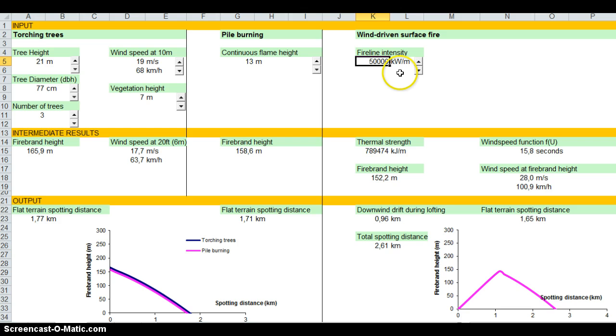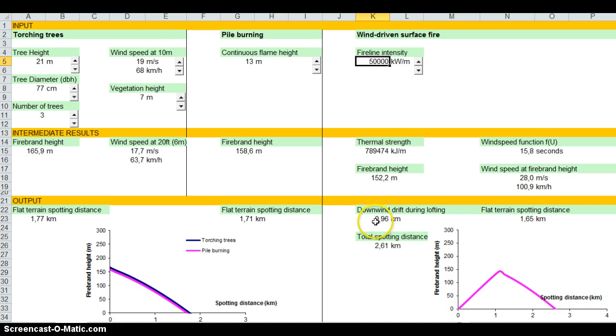So this is an important fire. Albini also provides some intermediate results: a wind speed function, thermal strength, and it also provides an estimate of firebrand height. But then it decomposes the traveling distance by the firebrand between two.